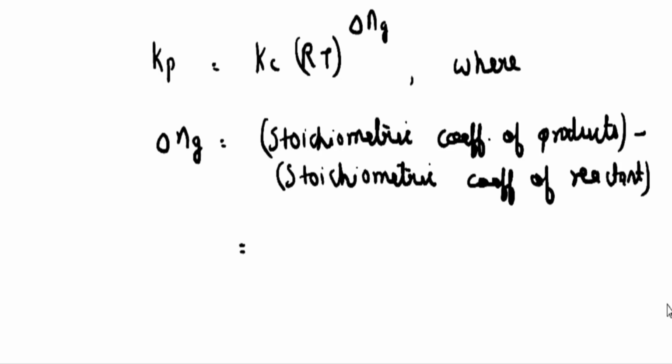So here the stoichiometric coefficient for products will be 1 plus 1, 1 for NH3 and 1 for H2S, minus 0, because NH4HS is solid. So it will be equal to 2 basically.